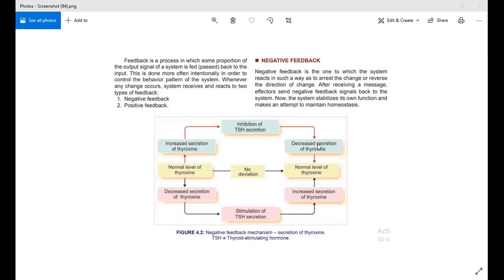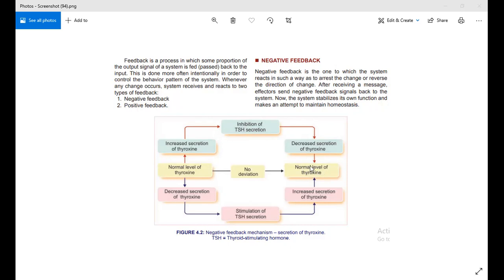Now, once my pituitary gland stops the secretion of thyroid stimulating hormone, what will now happen? There will be a decreased secretion of thyroxine, because it is TSH that is supposed to increase thyroxine secretion. But now there is inhibition of TSH from the anterior pituitary gland. So that will lead to a decrease in the secretion of thyroxine so that the normal level of thyroxine will be achieved again.